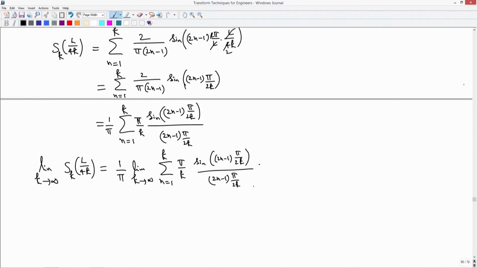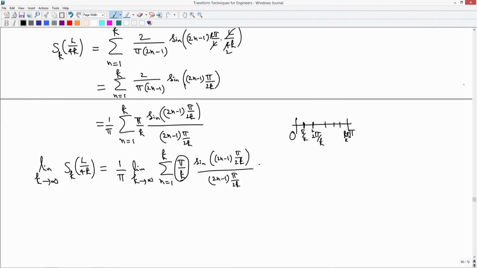This is exactly an integral sum between 0 and pi, where you divide into k equal intervals of size pi by k. The first one is pi by k, the second one is 2 pi by k, and so on, finally k pi by k is pi.